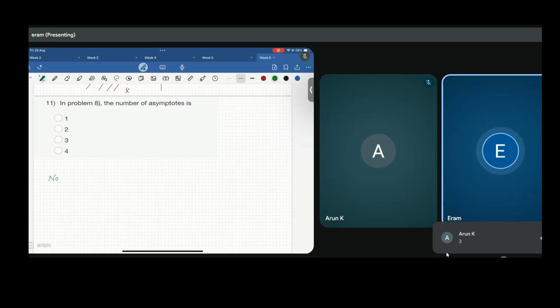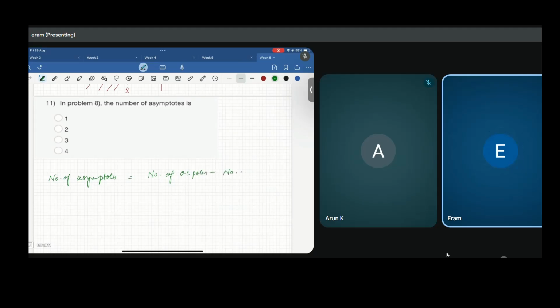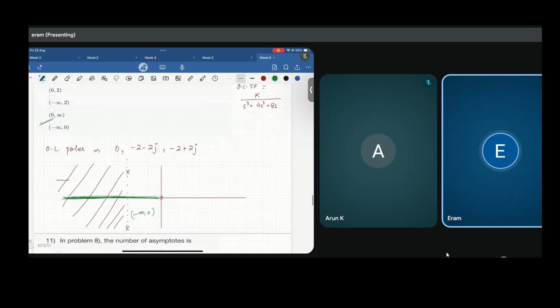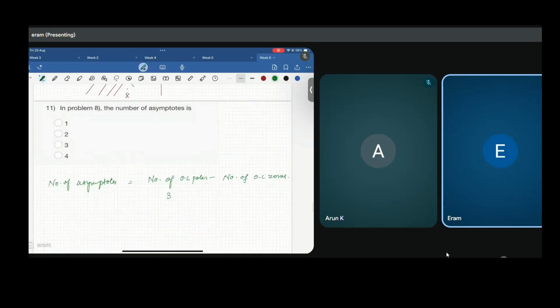The number of asymptotes is nothing but the number of open loop poles minus the number of open loop zeros. In our case there are no zeros and the total number of open loop poles is 3. So the total number of asymptotes will be 3. Very simple one.